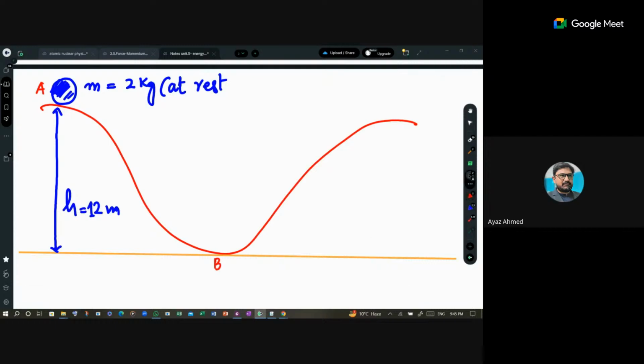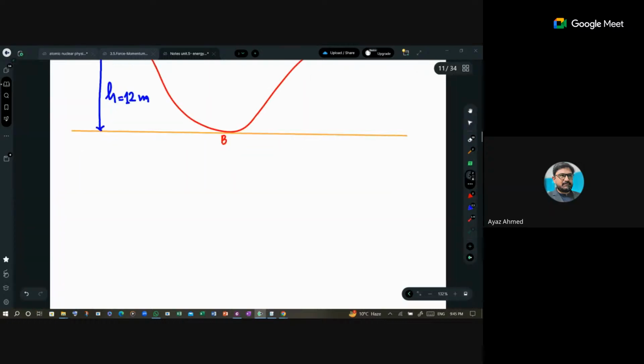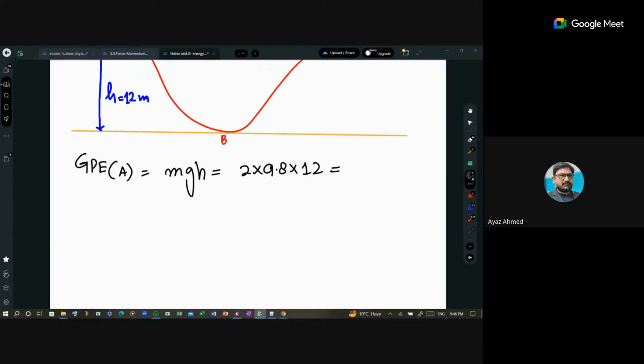What will be the potential energy at point A? Can you say that it can be mgh? So mass is 2 kg, g is 9.8, and h is 12. What will be your answer? Just a second.